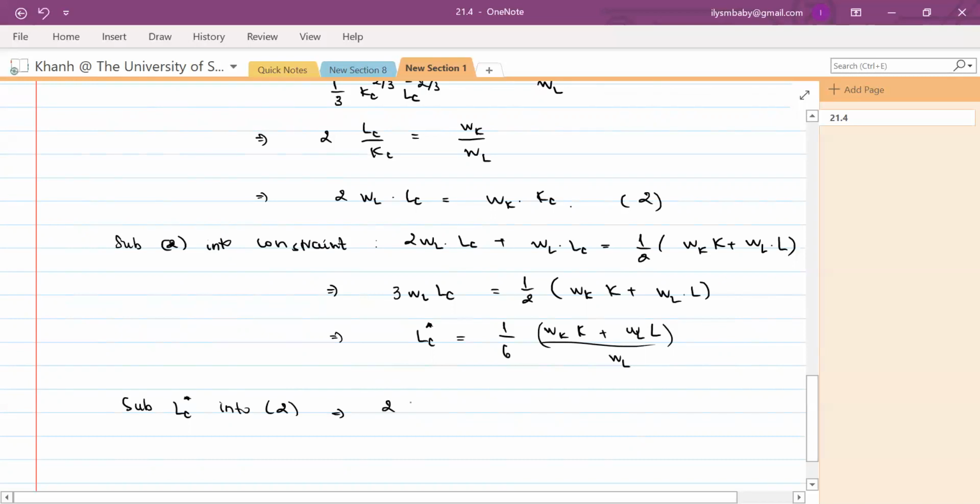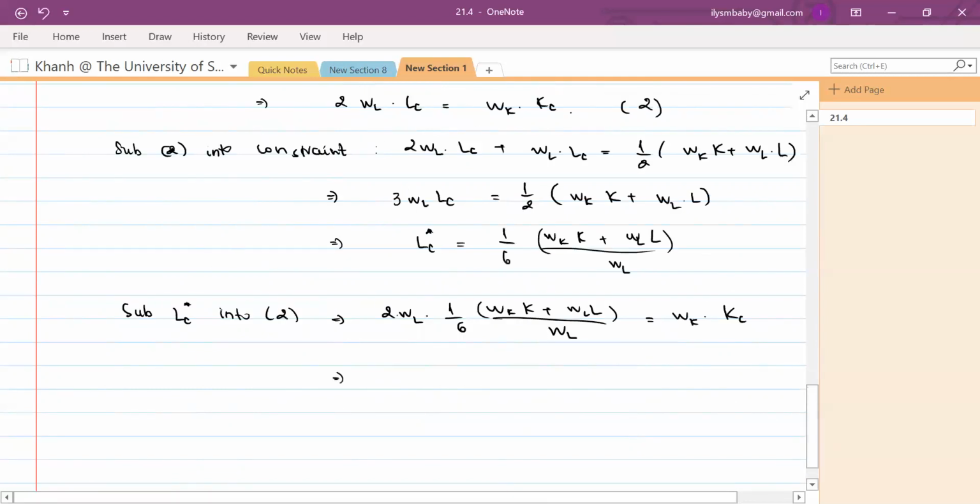Okay, so I've got 2 WL times LC, which is 1/6 of WK K, WL L, everything divided by WL, and that has to be equal to WK on KC. So WL will cancel with WL. 2 on 1/6 is 1/3.